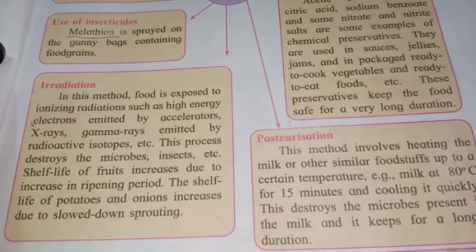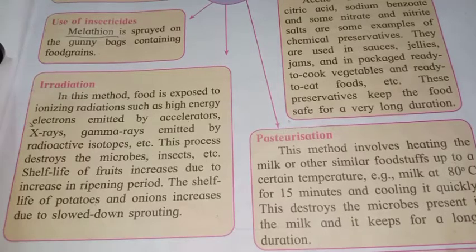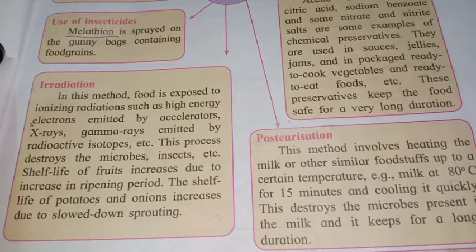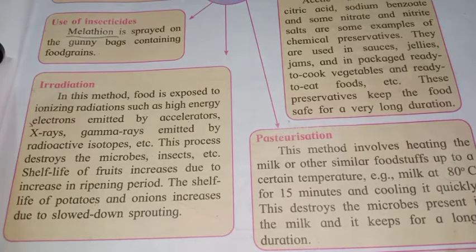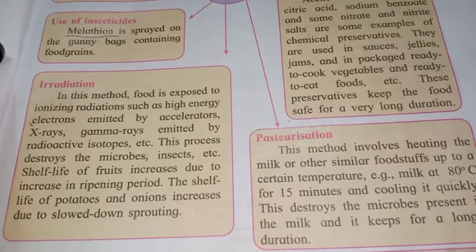See children, if you have observed, what happens if you keep potatoes and onions for many days? What happens? Just observe, keep one onion and one potato for 1 or 2 months and observe what happens. Yes, correct.